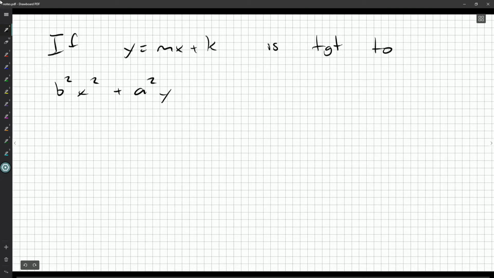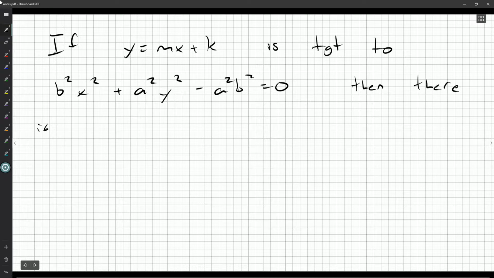I think instead we might say something like, if y equals mx, they've already got a b, so let's use k. So if this is tangent to our ellipse, b squared x squared plus a squared y squared minus a squared b squared equals 0. So tangent lines, they only ever touch at one point.